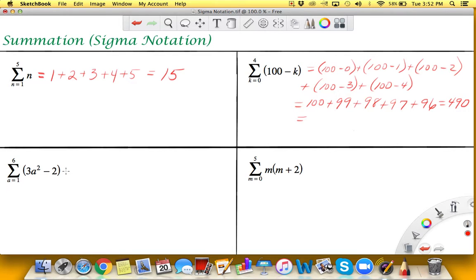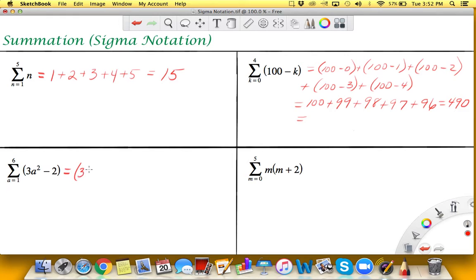Now in this third example, we have a different expression. We have the expression 3a squared minus 2. This one is going to be slightly longer because we're going from 1 to 6.